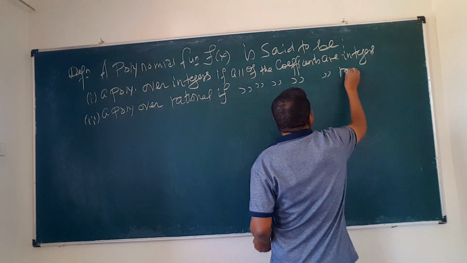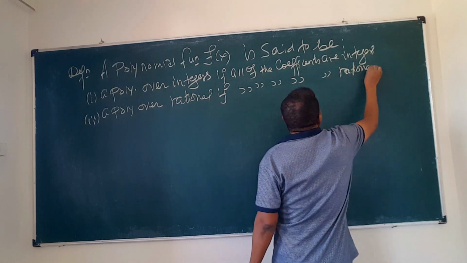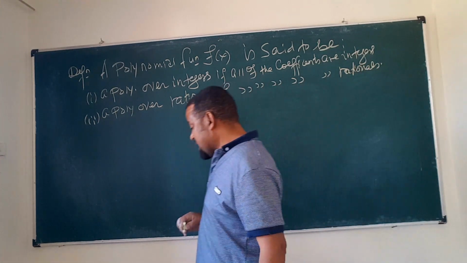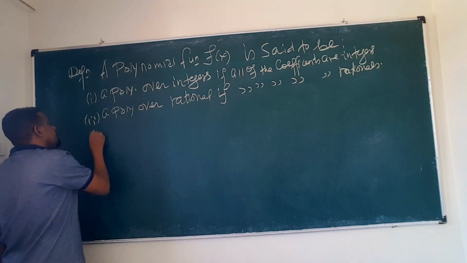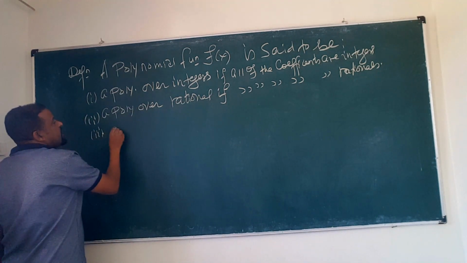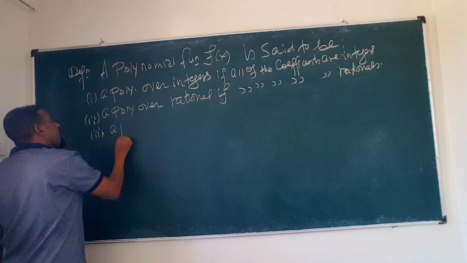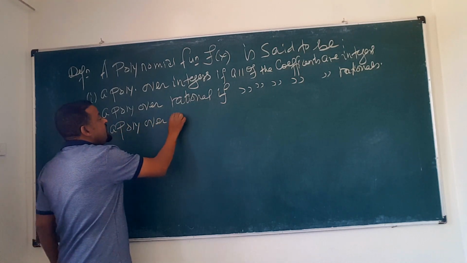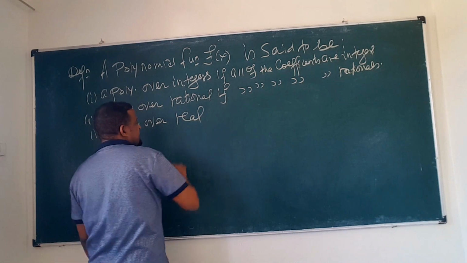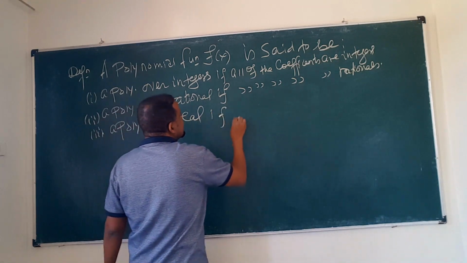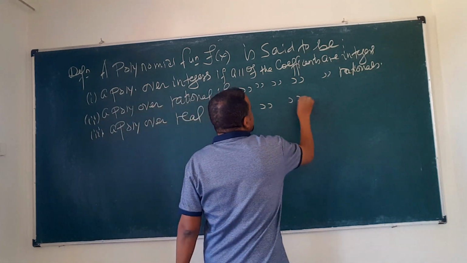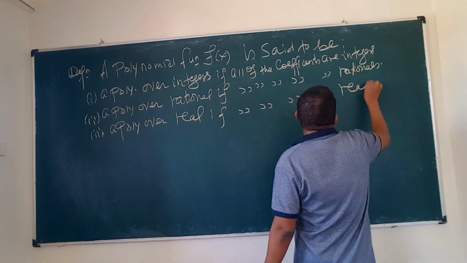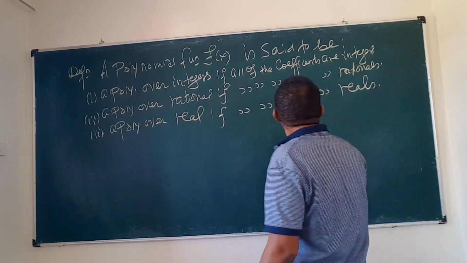Rationals. And the polynomial is said to be a polynomial over real numbers, a polynomial over reals, if all of the coefficients are what? Real numbers.